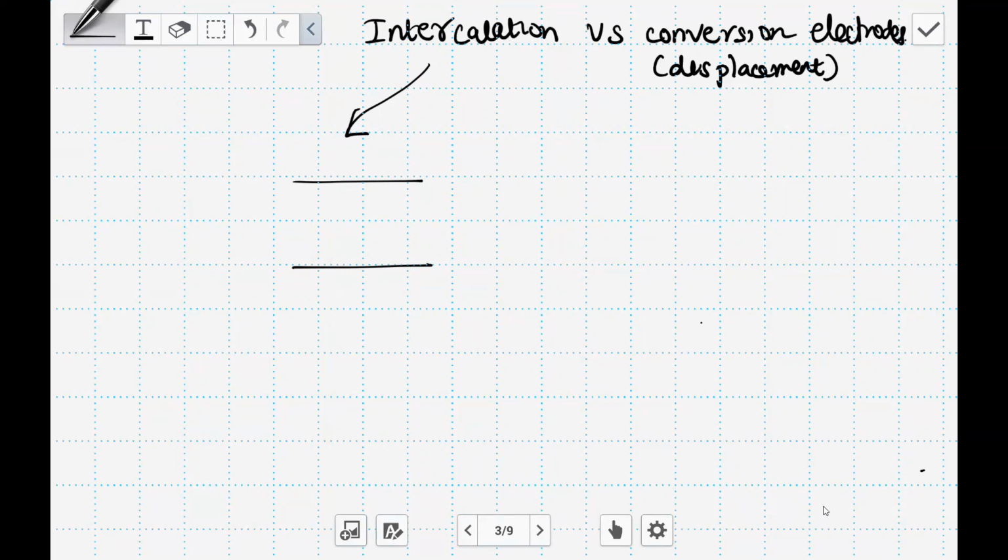Typically in graphite, for example, there are covalent bonds within a layer, and there are van der Waals interactions between the layers. The layers can move fairly easily with respect to each other, and there is some space in between the layers where lithium can get intercalated.